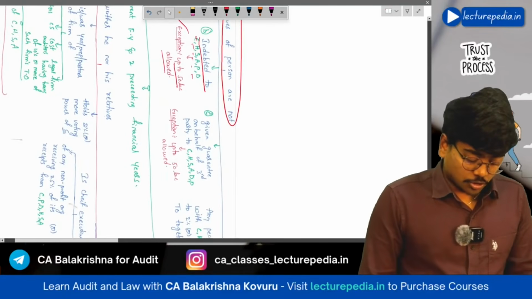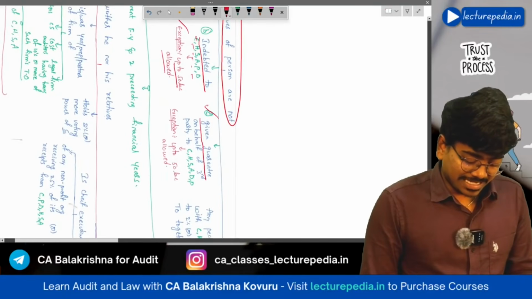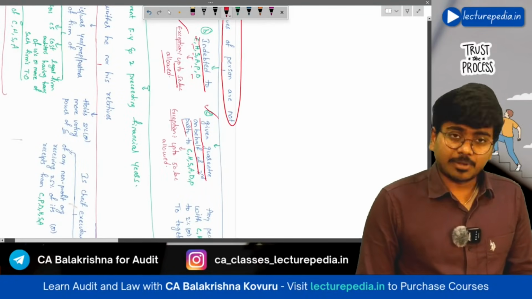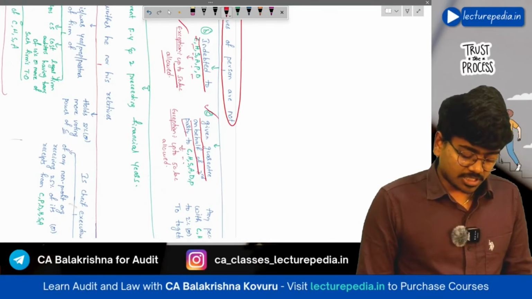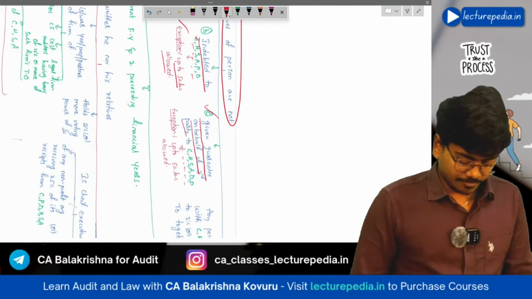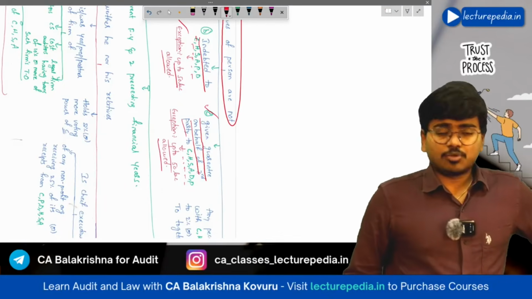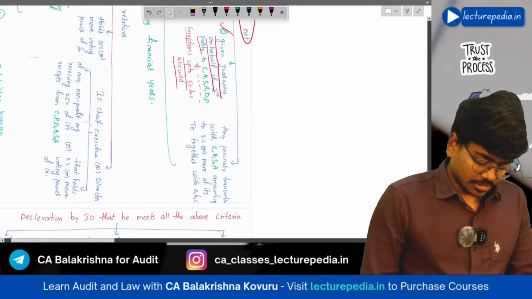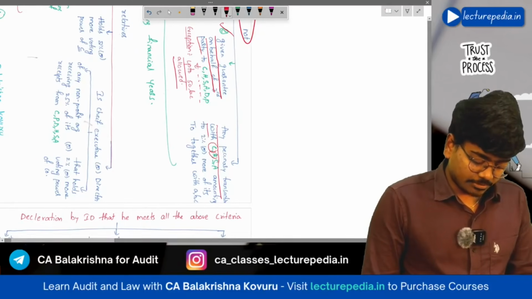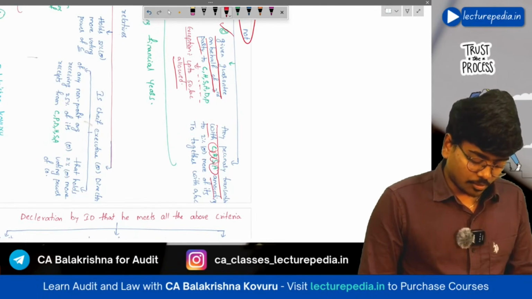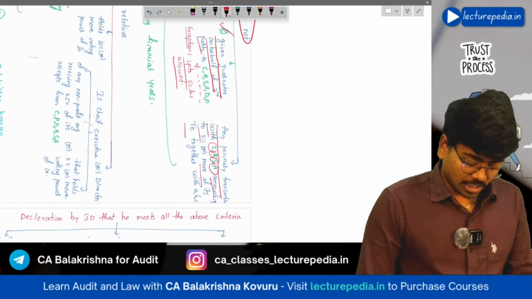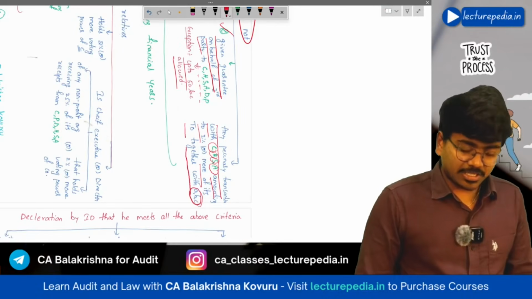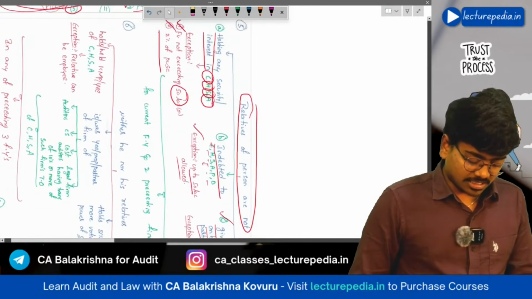Next, should not have given a guarantee on behalf of a third party to the company, holding company, subsidiary company, associate company, director and promoter. However, a guarantee up to 50 lakh is allowed. Next, any pecuniary transaction with the company, holding company, subsidiary company, associate company amounting to 2% or more of its turnover, together with A, B and C. A, B and C means together with these three.